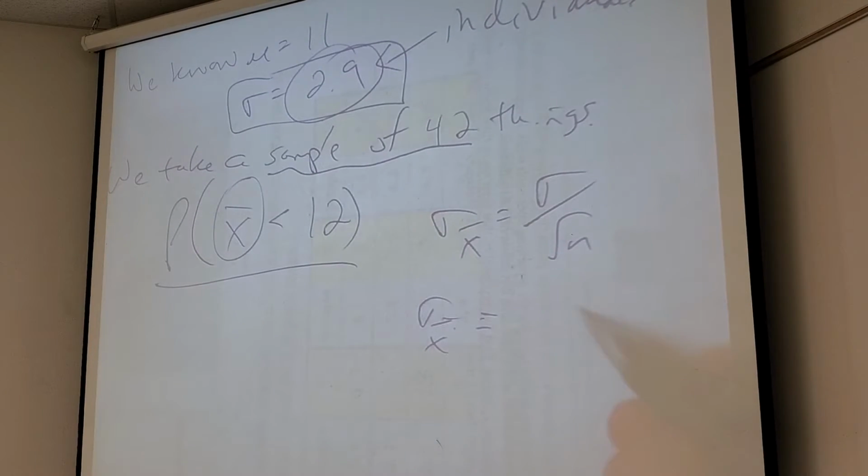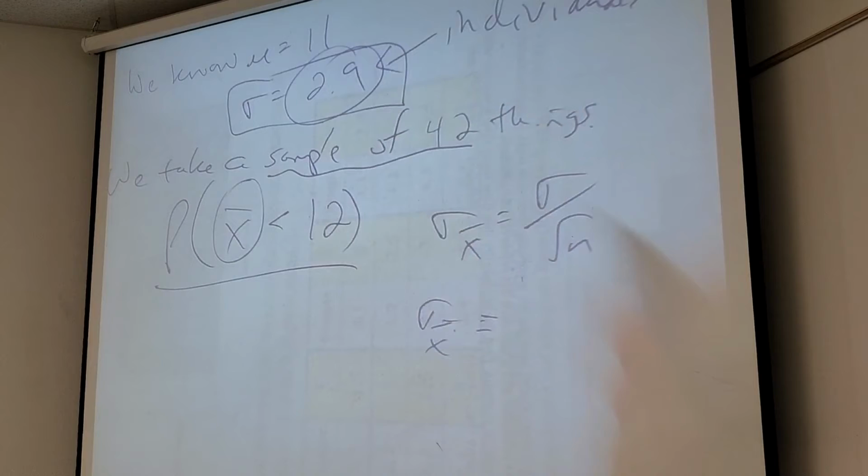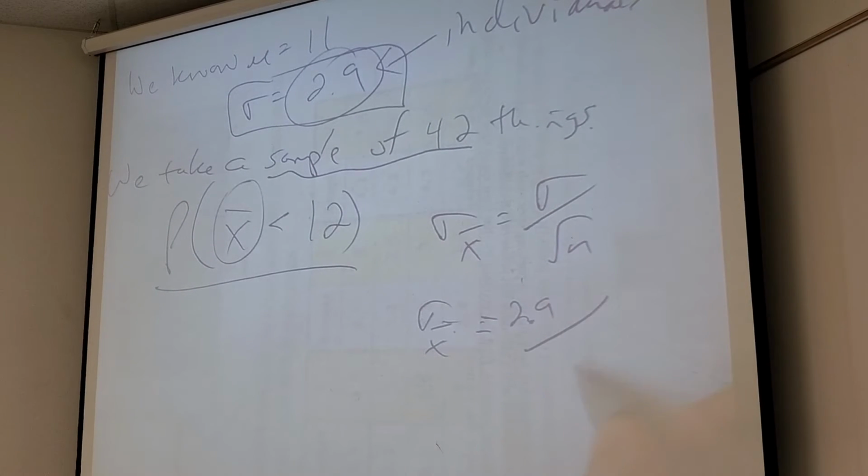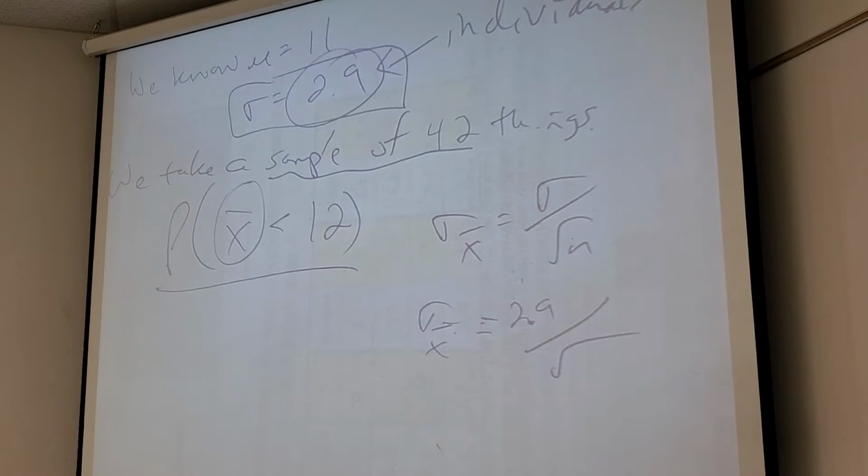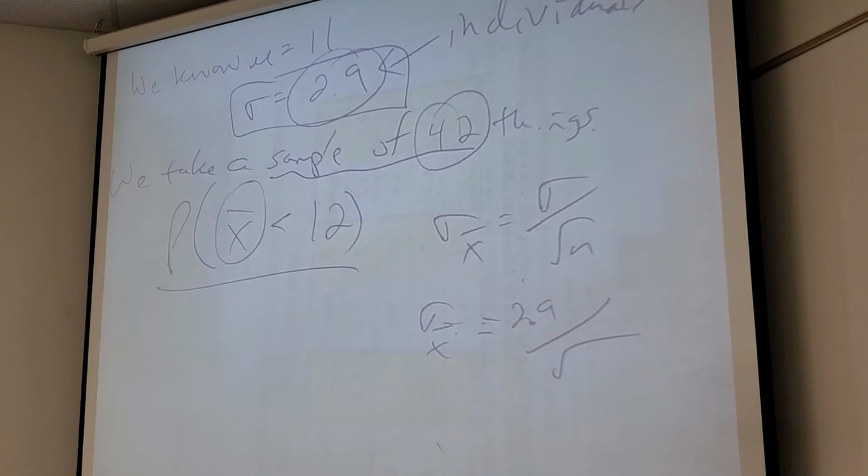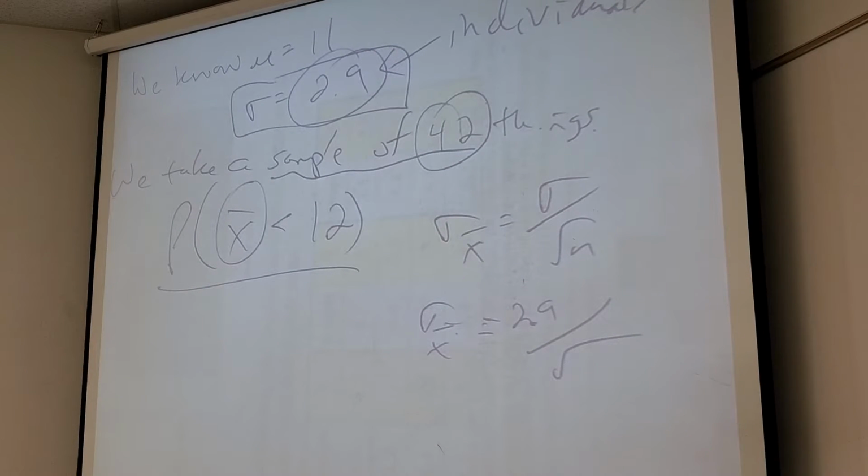So what's the old standard deviation? The one for individuals, 2.9, divided by what? Square root of what? What's n? 42. Right? Took a sample of 42. That's n. Thank God, n always means the same thing. Thank the gods. Somebody help me out.